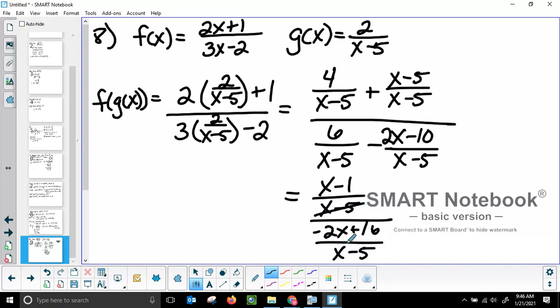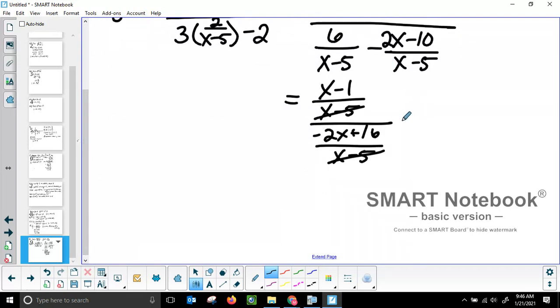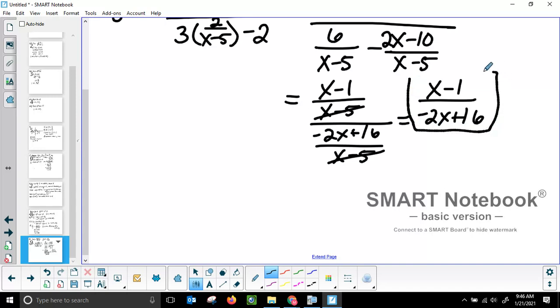Of course, now, since our denominators are the same, we can cancel. All right, and this is just going to be x minus 1 over negative 2x plus 16. Of course, you could factor out a negative 2 here, but nothing's going to cancel. Okay, so that is my f of g of x.